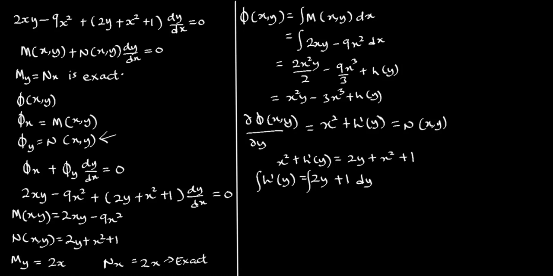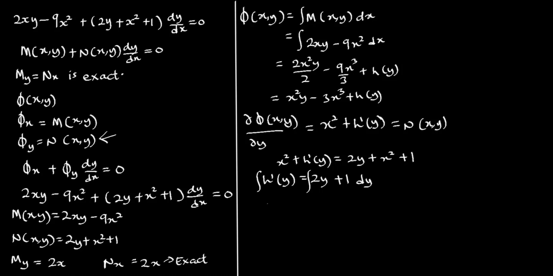If after the comparison you get h prime of y equal to a function that contains the other variable x, that should let you know there's a mistake, because the function should be a function of only y. Here, you got h prime of y equal to 2y plus 1, with no x in it. So let's do the integration.